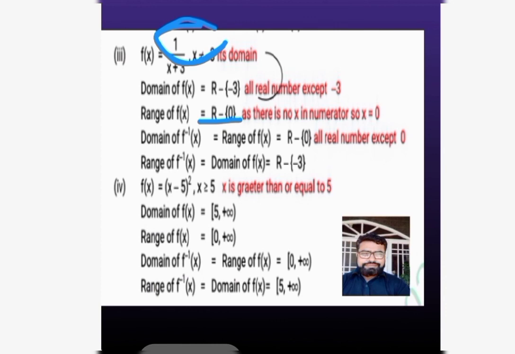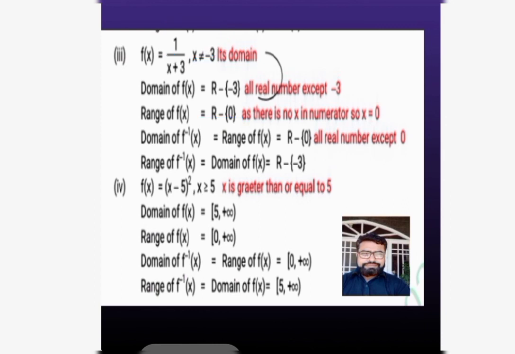But if a function is given and we have to find the domain and range of that function, we will not follow this rule. We follow this rule only if it says without finding the inverse function, find the domain and range.